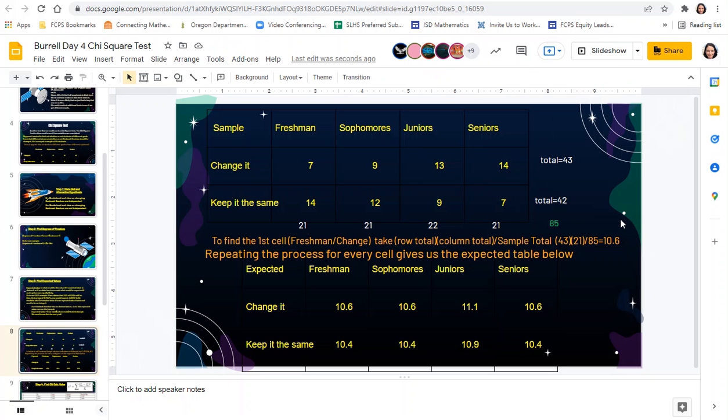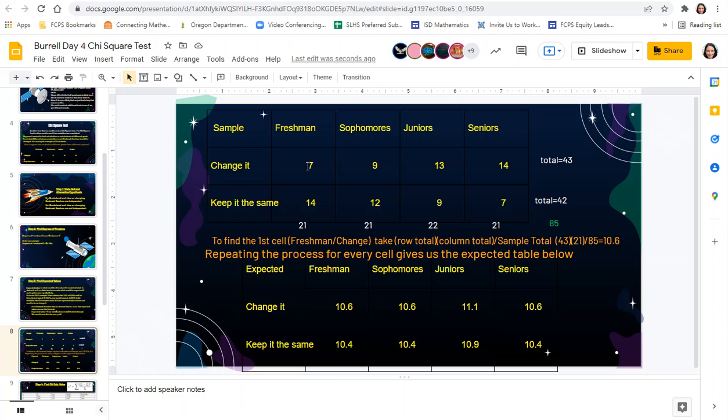All right, so you guys see how I totaled that, right? Adding is not hard. So next, we're going to use this formula. To find the first cell, you take the row total times the column total and divide it by the sample total. I'm going to ask you to find any calculator. It could be your phone calculator, it could be Desmos.